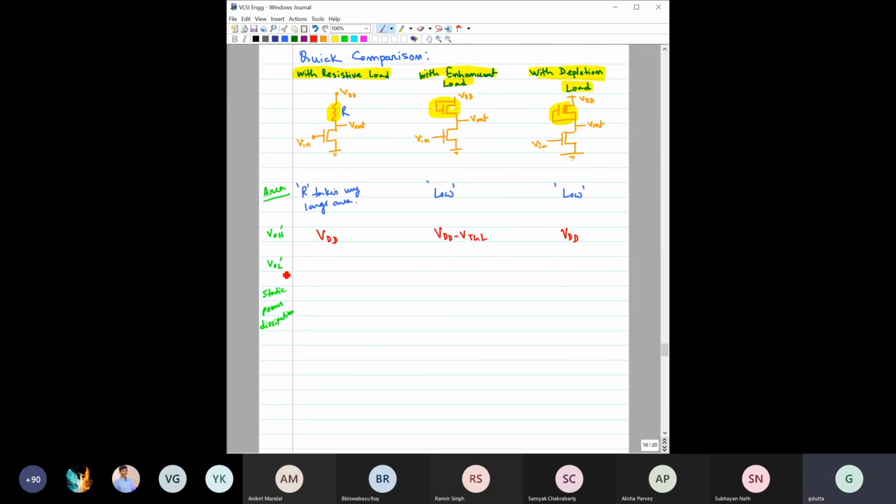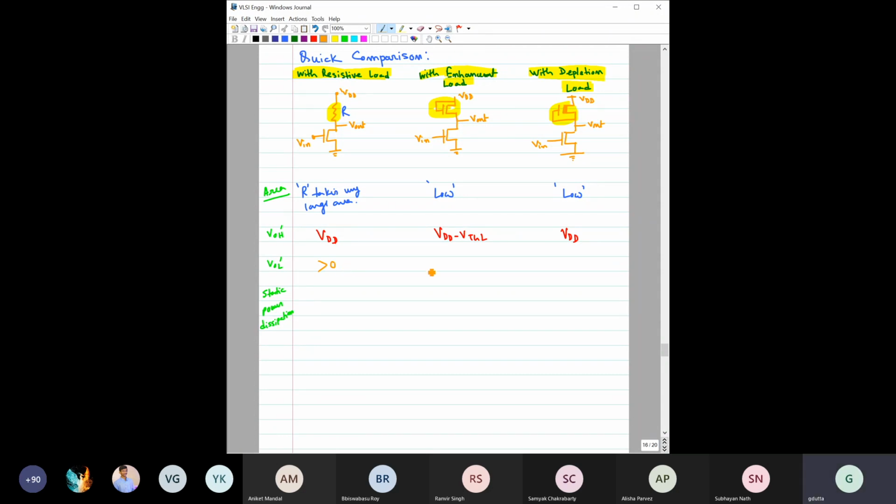What is VOL dash for this? I am definitely not asking for the value. Is it 0 or not 0? Non-zero. It is not a correct way to say VDS saturation, because the saturation voltage is again dependent on VG. So we can say it is greater than 0.